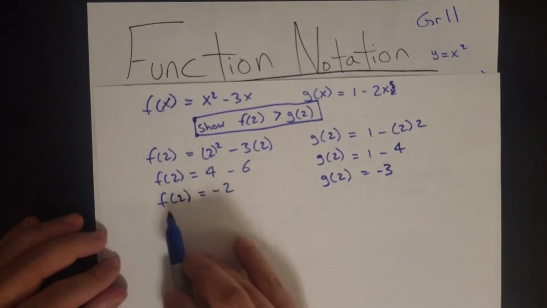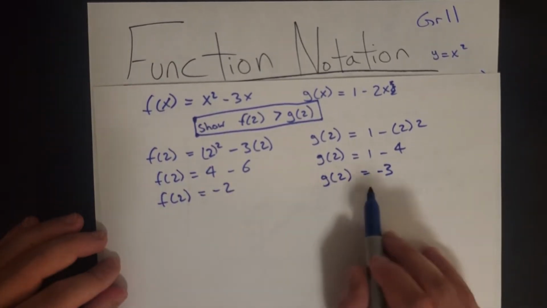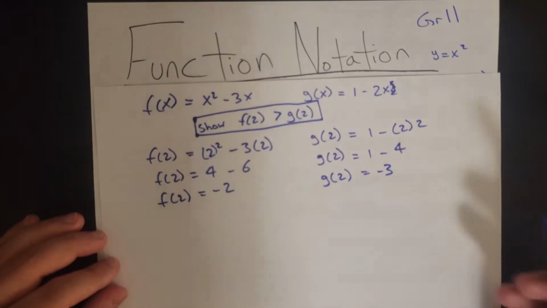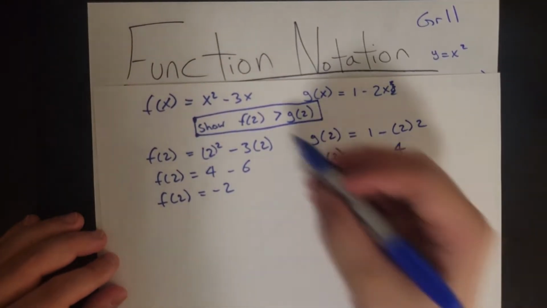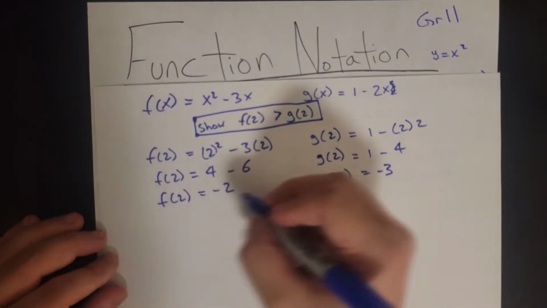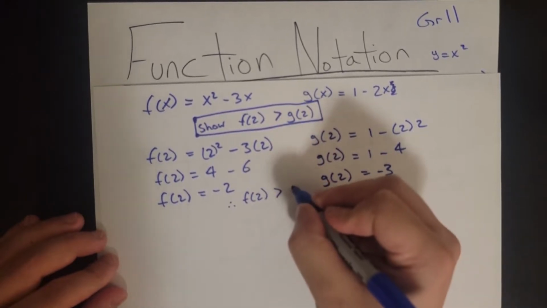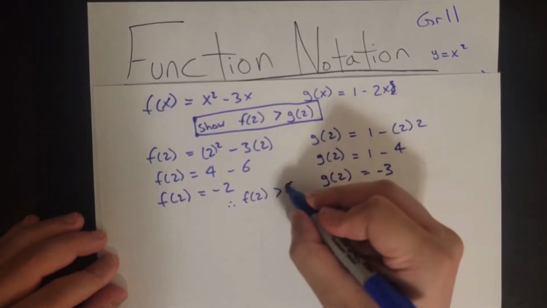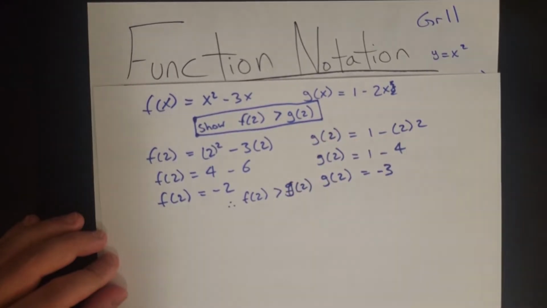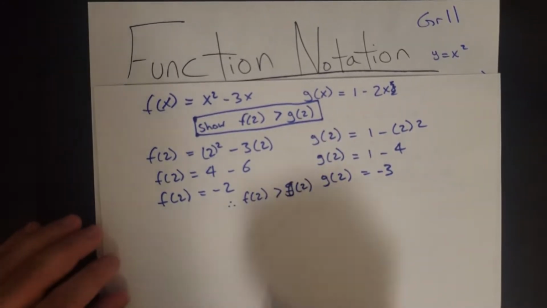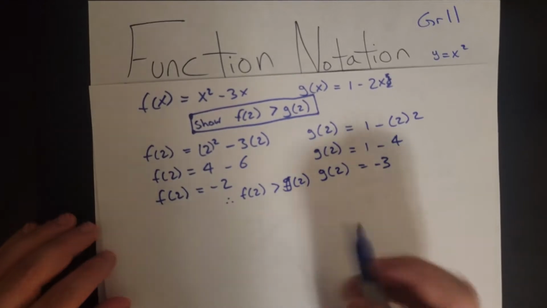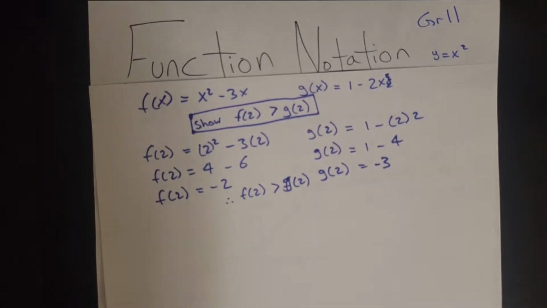So now we know that f of 2 is negative 2 and g of 2 is negative 3, and negative 2 is greater than that. So that's how we show that f of 2 is greater than g of 2. These 3 dots is my way of saying therefore. That's how I got into the habit.